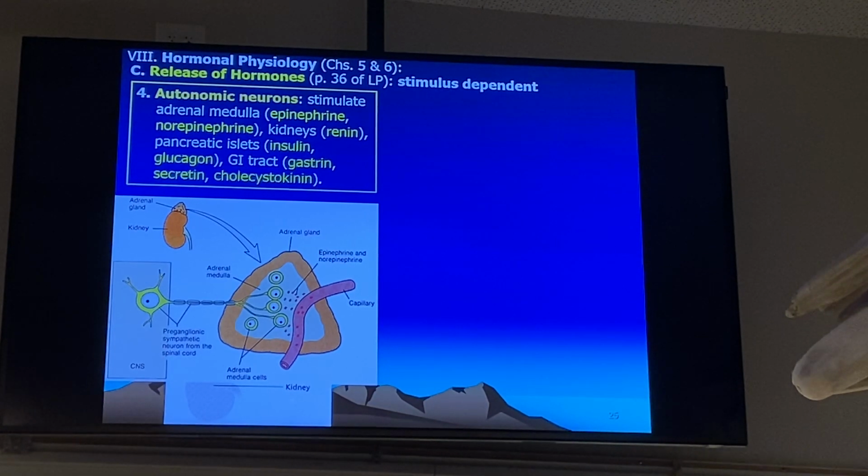The adrenal medulla are modified post-ganglionic sympathetic neurons. That is part of the endocrine system. Do you see how the nervous system and the endocrine system are the same system? Modified post-ganglionic sympathetic neurons.